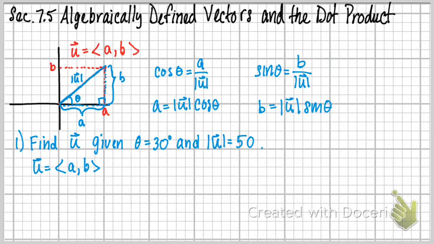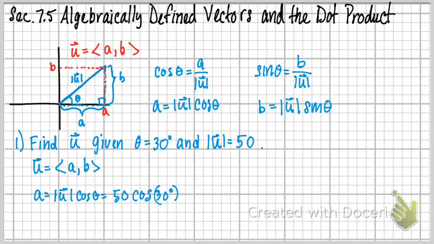So I do know that A equals the magnitude of U cosine theta, which equals 50 times, and in place of theta I'm going to put cosine of 30 degrees.